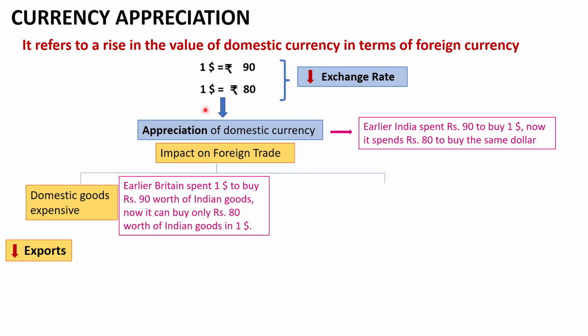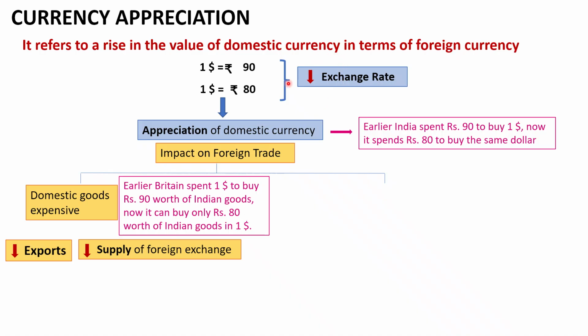So when Indian domestic goods become expensive, India's exports will decrease. Since exports are a major source of supply of foreign exchange, decrease in exports leads to decrease in supply of foreign exchange. So we can establish a direct relation once again between exchange rate and supply of foreign exchange.